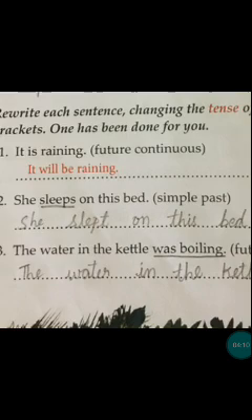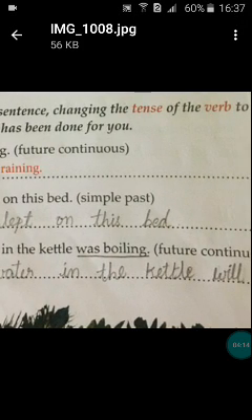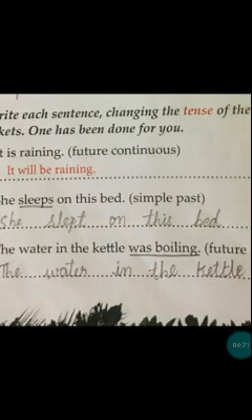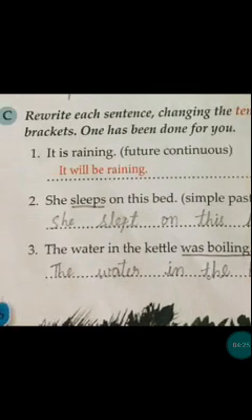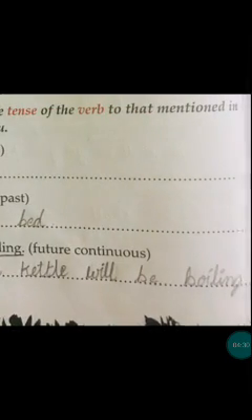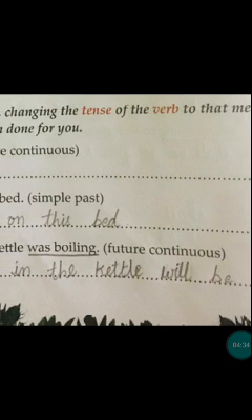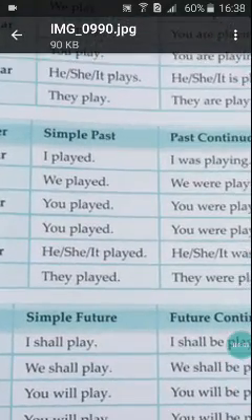Third one. The water in the kettle was boiling. So what is the action word here? Was boiling. You need to convert this sentence into future continuous, right? So future means will form, continuous means ing form. Okay. The water in the kettle will be boiling. Was will be converted into will be boiling. See here, was means past continuous, right? I was playing.